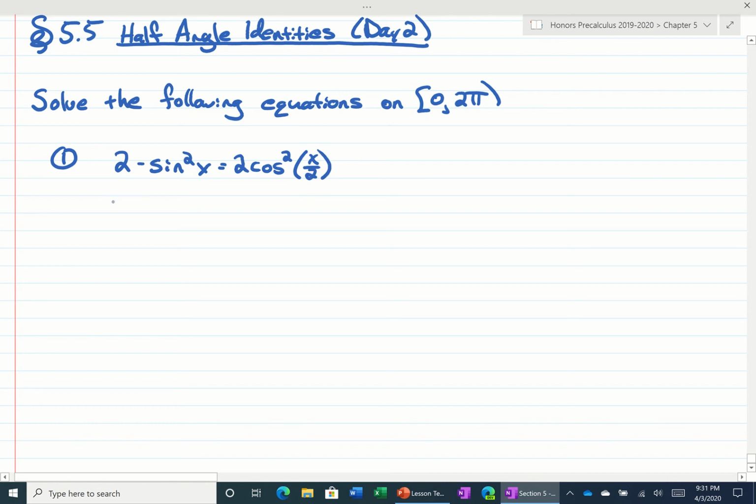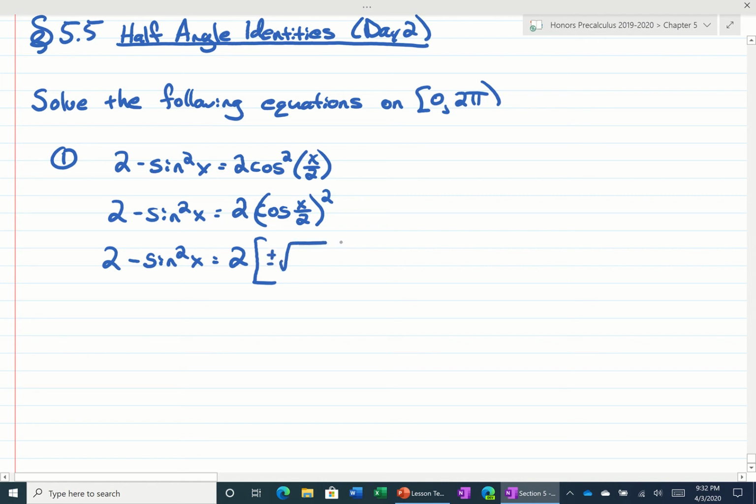So obviously that's a half-angle identity, so let's do that. Remember that cosine squared of x over 2 is the same thing as cosine of x over 2 to the second, which is the formula for cosine of x over 2, plus or minus the square root of 1 plus the cosine of x over 2.